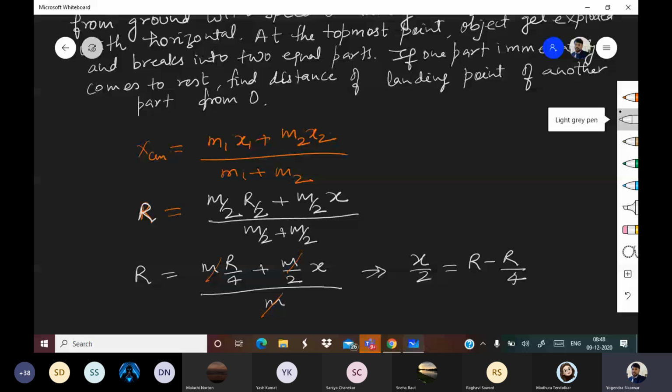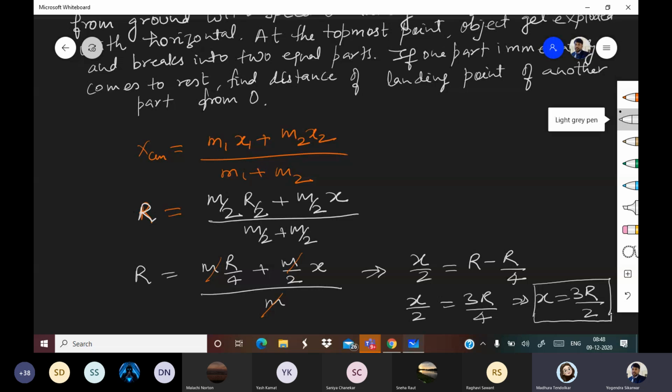So x by 2 equals 3R by 4. So x is equal to 3R by 2. So the answer will be 3R by 2. Understood everyone?